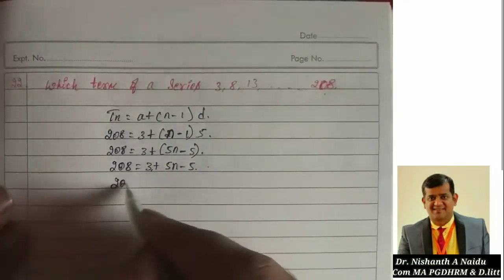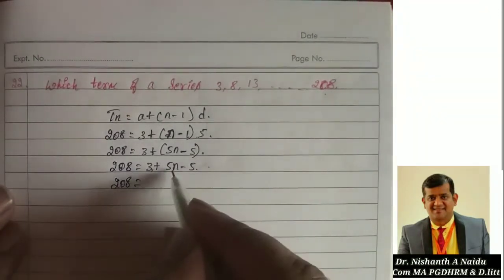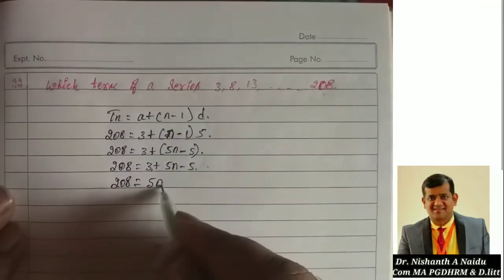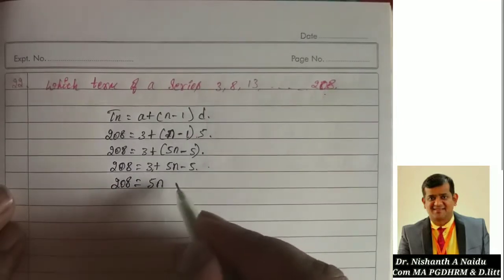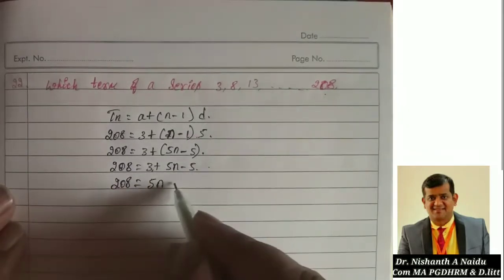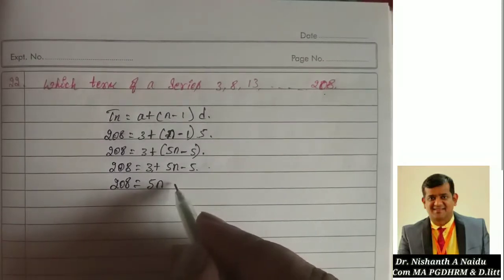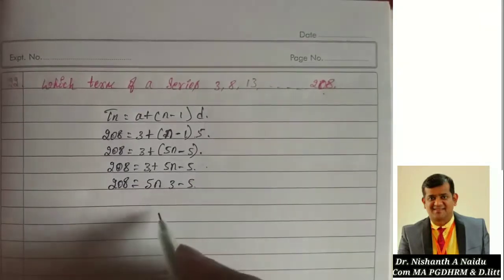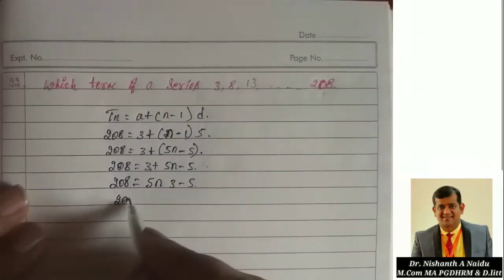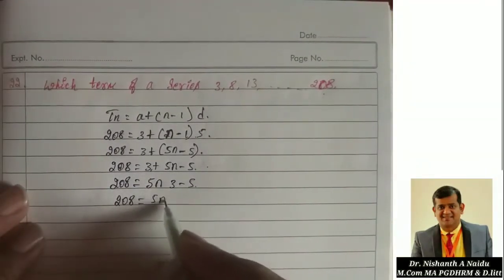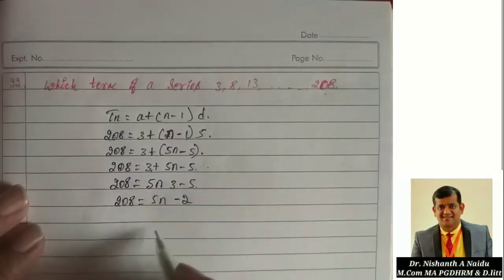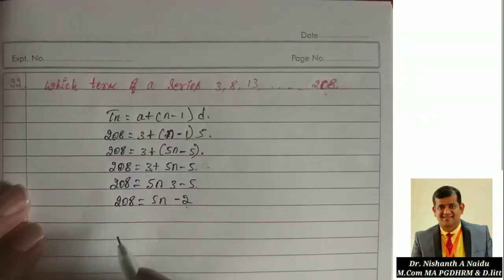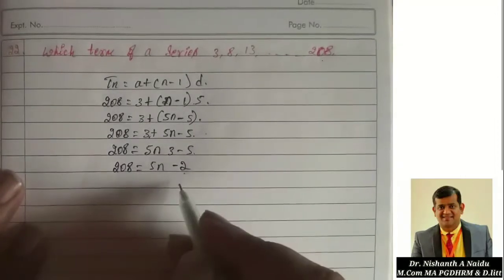So that becomes 208 equals 5N, I'm taking 5N here, and the 3 I'm shifting here, so plus becomes minus. So 3 minus 5 is minus 2. That becomes 208 equals 5N minus 2. Okay. So till here you are clear, right?